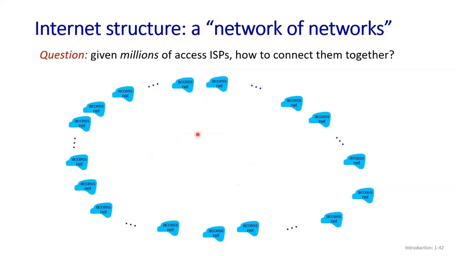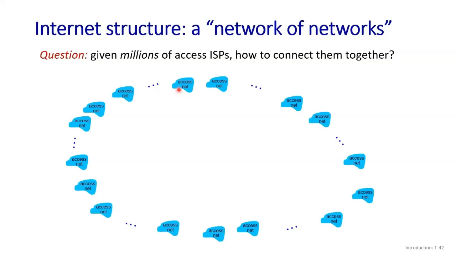This is not a feasible approach, because of the cost of the communication links. We connect these access networks together with the help of communication links. We studied the physical media in detail in our last lecture. The communication links can be guided physical media, or we can have unguided physical media.